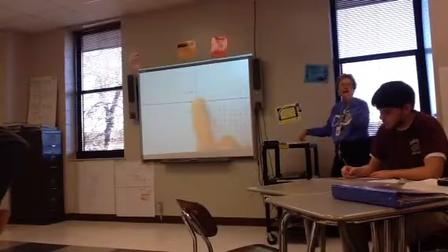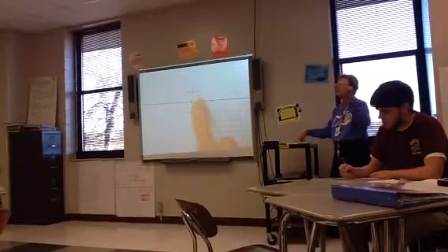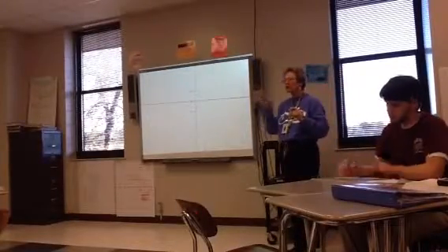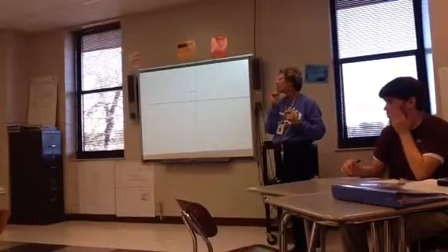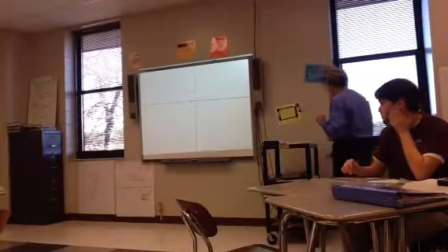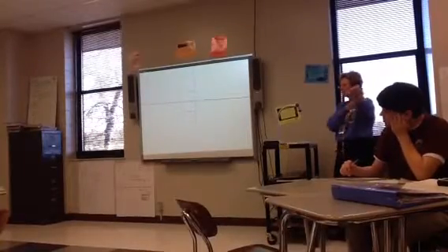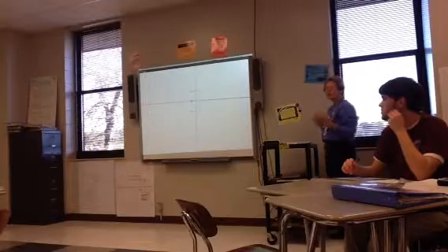Now, 2 square roots of 3 over 3. Alright, now here's what we need to do. 2 square roots of 3 is what part of our slope? The numerator is the rise, okay? So we've already had that, and that's going to be 3.5, right? 2 square roots of 3 is 3.5.